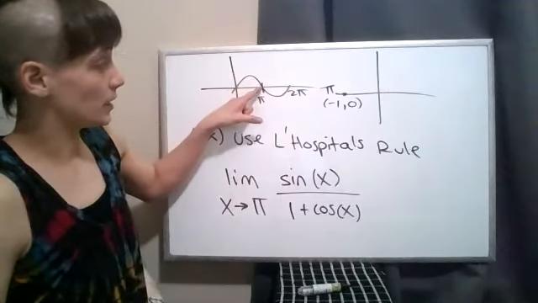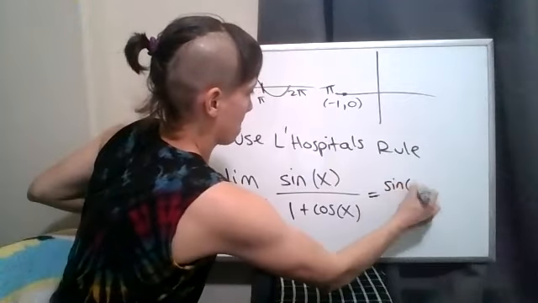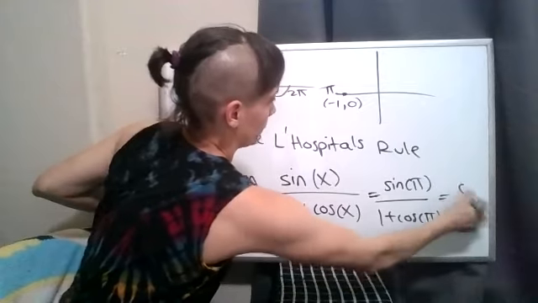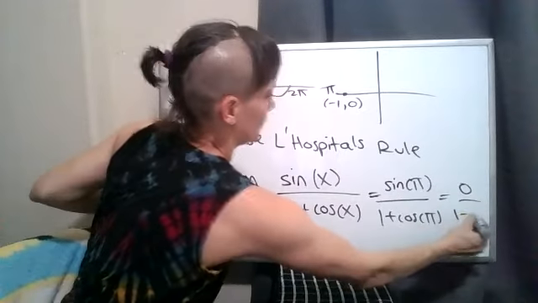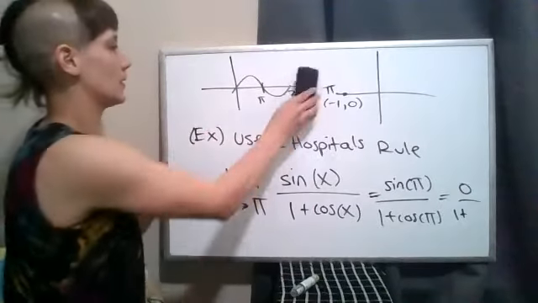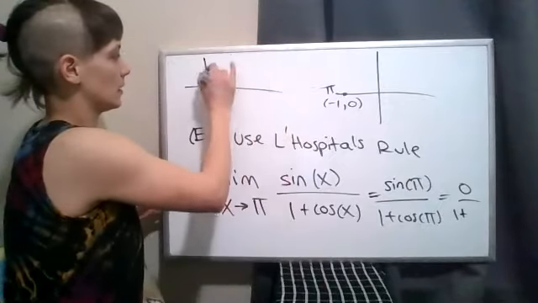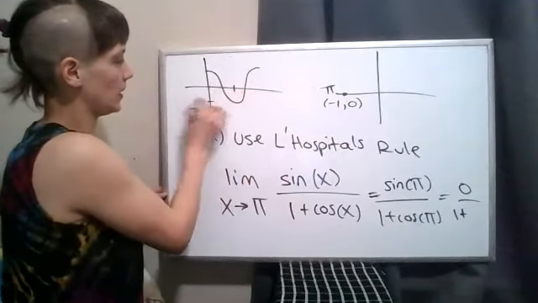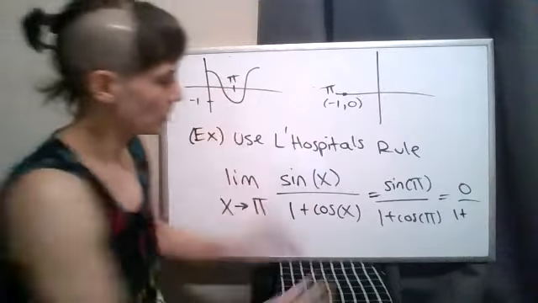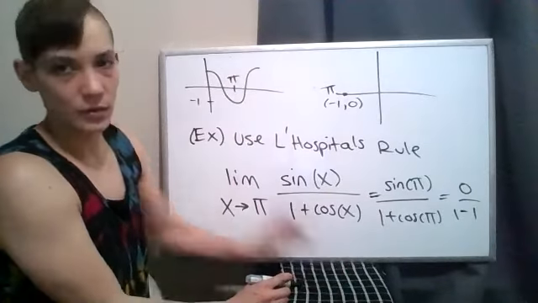So sine of pi is 0. Yeah, and then cosine is -1. You can think of the graph as pi here at -1. Cosine of pi equals -1. So you've got 0 over 0, which means use L'Hopital's rule.